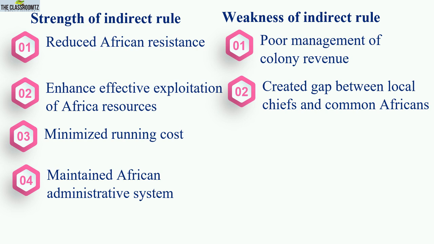It created a gap between local chiefs and common Africans. Indirect rule created classes between these local chiefs and the common Africans. Because local chiefs had direct contact with Europeans, they termed themselves upper class, and they never respected these common Africans. Because of that, there was sometimes little conflict due to these classes or differences.